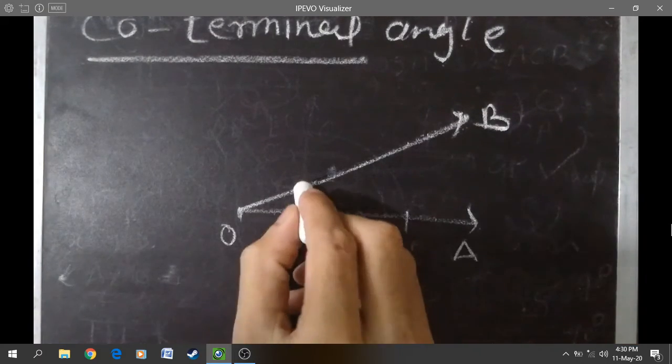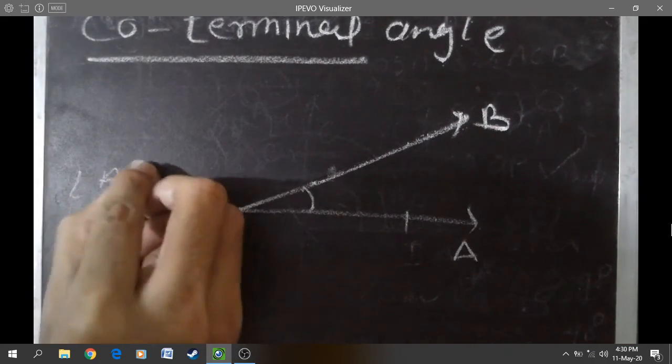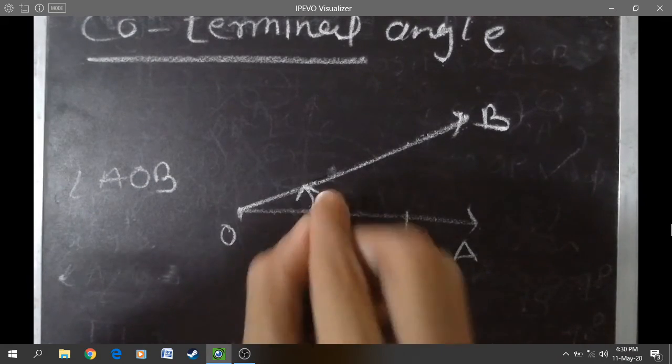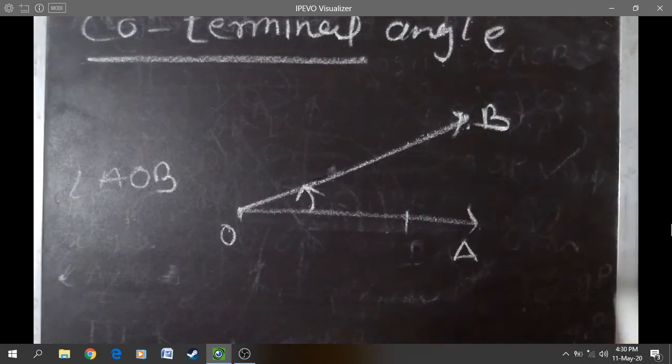So angle AOB has some rotation here. So this one is a terminal angle. But what we said is initial rays and terminal rays should be in the same positions, right? They should have the same position. Does not matter how many rotations there will be.